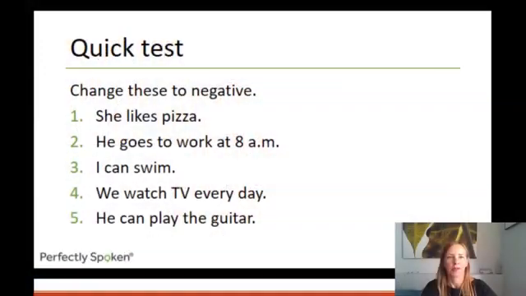I will put the quick test on the screen for you, and I will give you a few minutes to try to change the sentences first from affirmative to negative, okay? And be careful because they're not all the same. You will see what I mean.